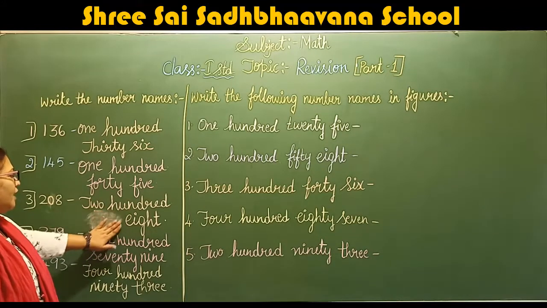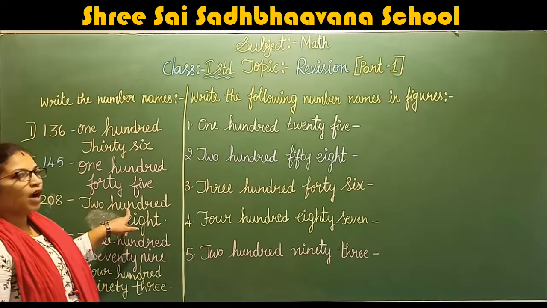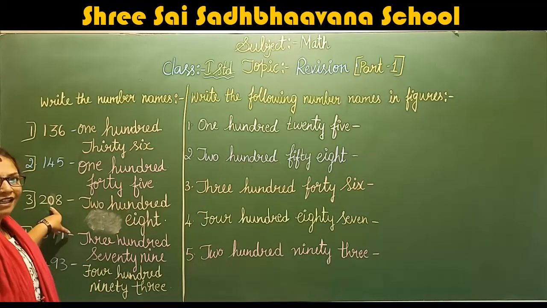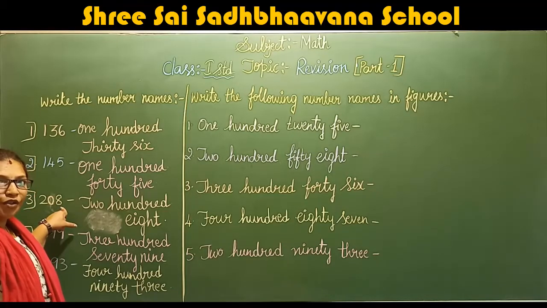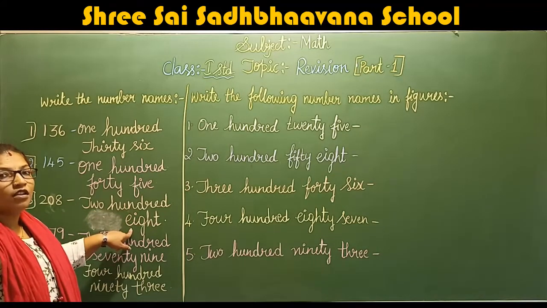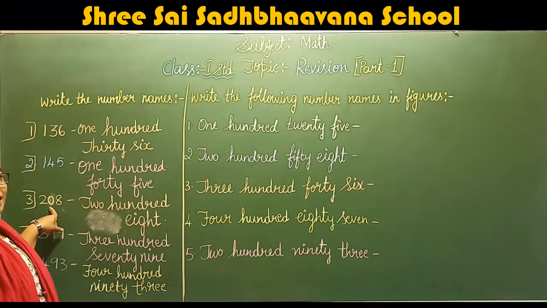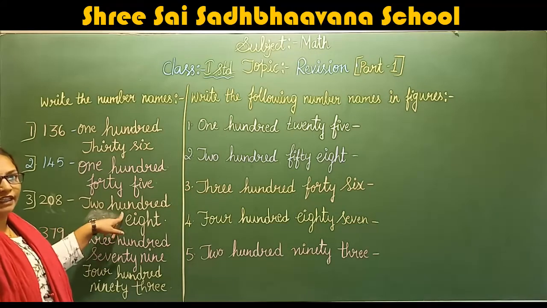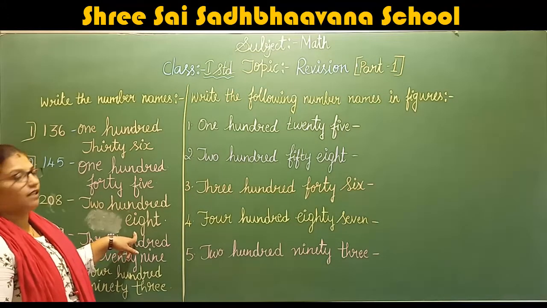You have to not write anything there. In the ones place you have 8, right? So 208. Understood, children? If the middle digit is 0, you should not write anything. You should write only the 200 spelling and the spelling of what is in the ones place.